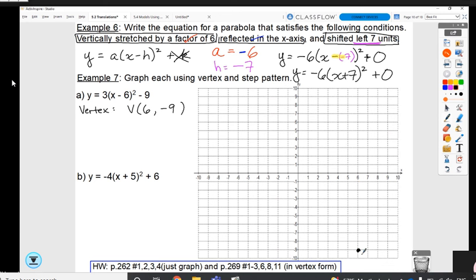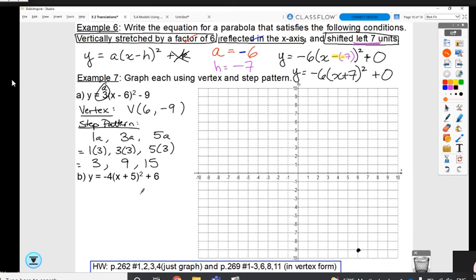Now, the step pattern. It's 1a, 3a, 5a. What's our a value? It's 3. So 1 times 3, 3 times 3, and 5 times 3. We got 3, 9, and 15.